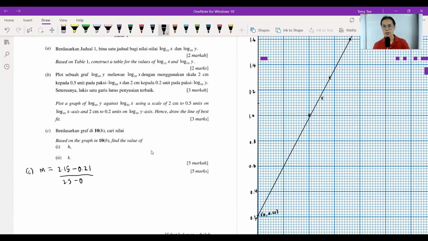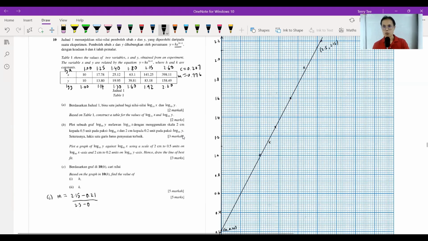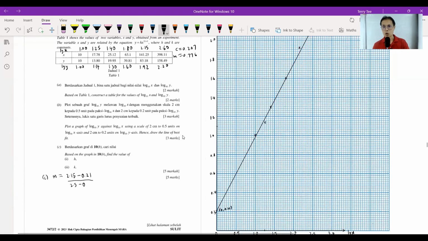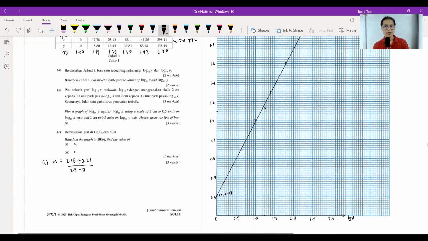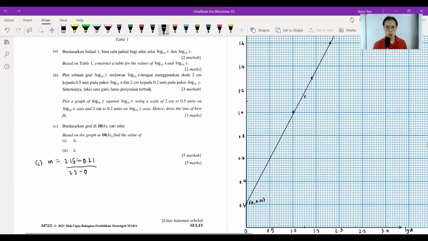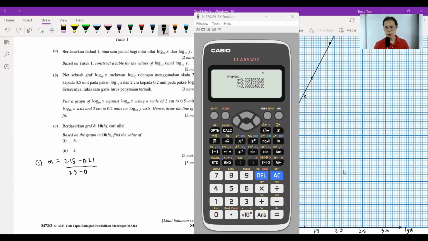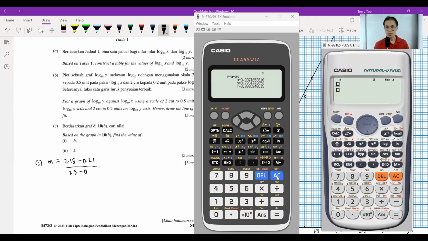I hope you can see the coordinates I'm using, 2.5, 2.15 and 0, 0.21. Let's calculate the gradient here.